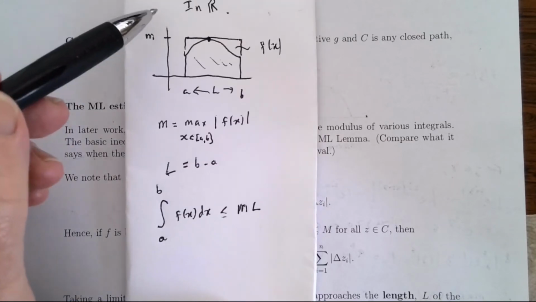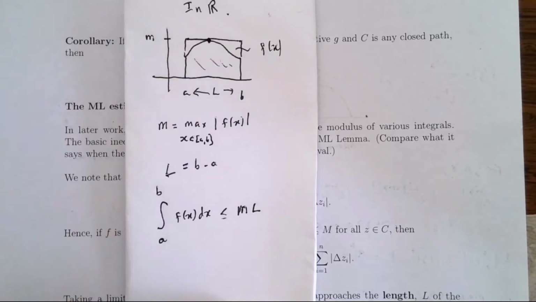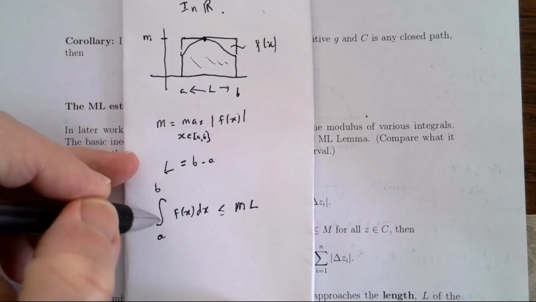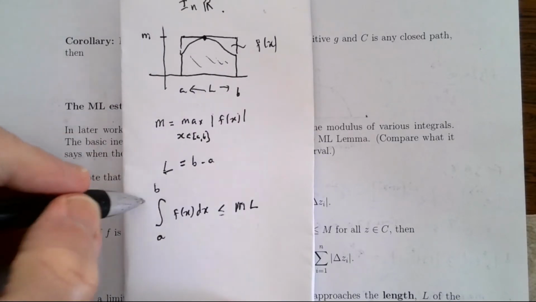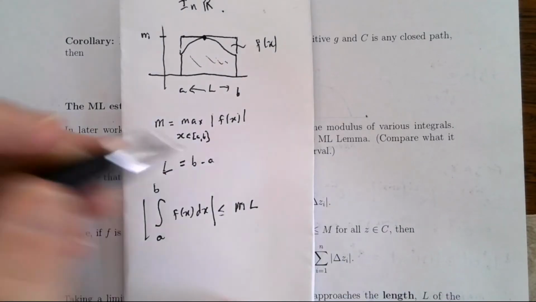I'm taking a very rough estimate of the area by surmounting it with the biggest possible rectangle, and then I can say that the size of this integral, just in case it went negative, is less or equal to ML.